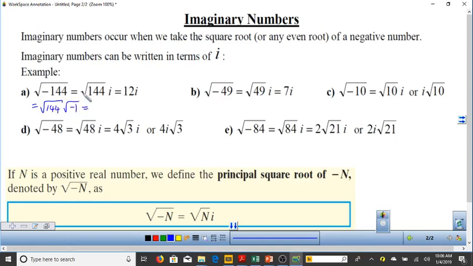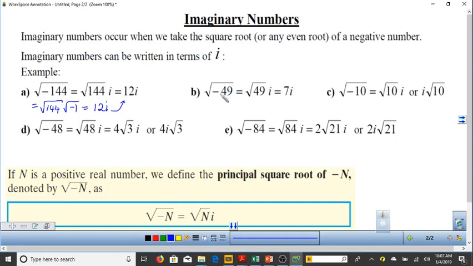This symbol is the principal square root, which means the positive version of the square root. So the principal square root of 144 is 12, and the principal square root of -1 is i. And that's the answer that is written right here.